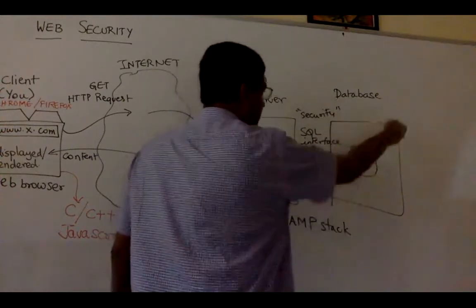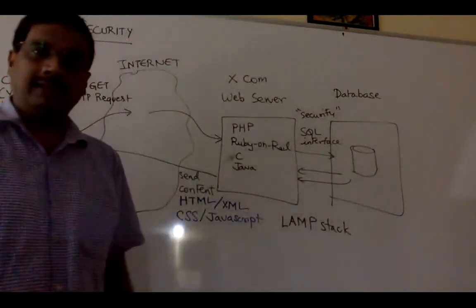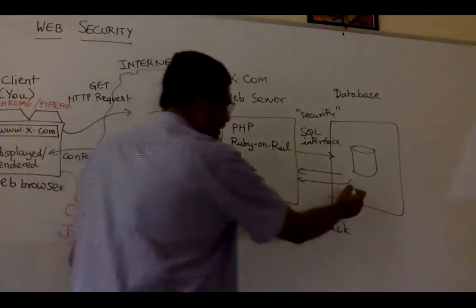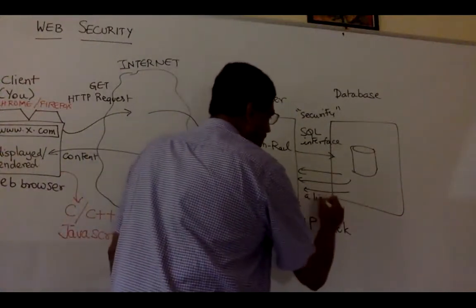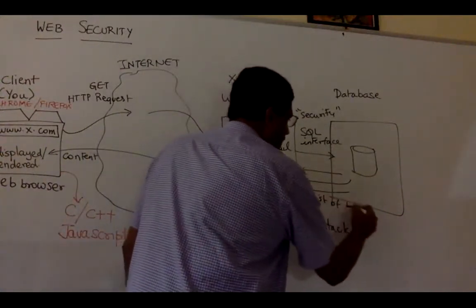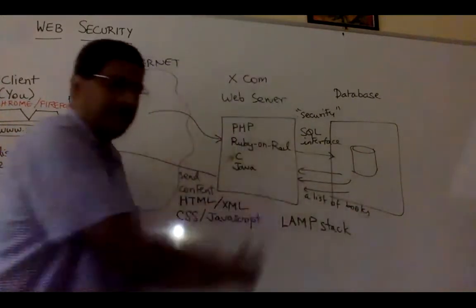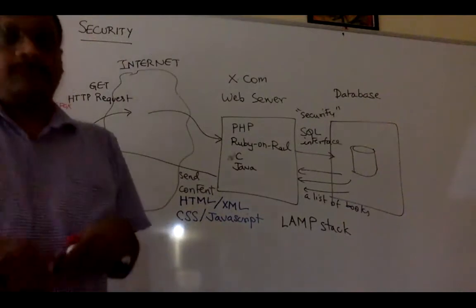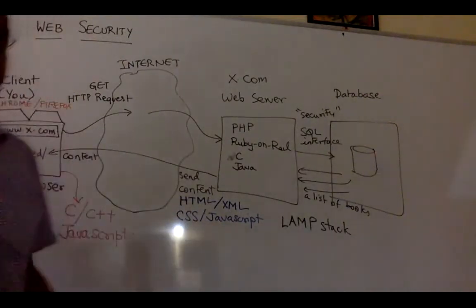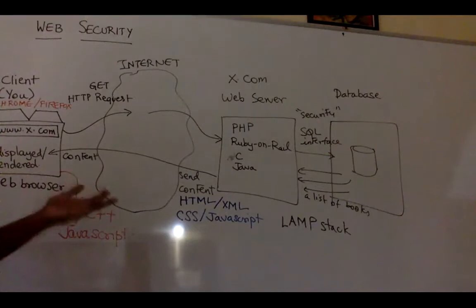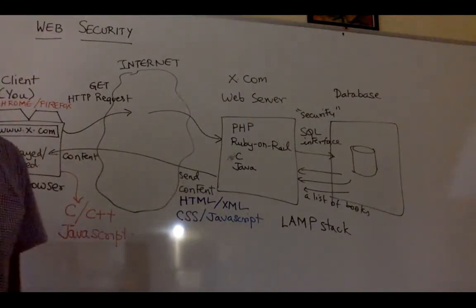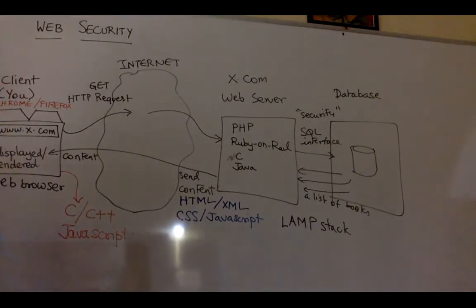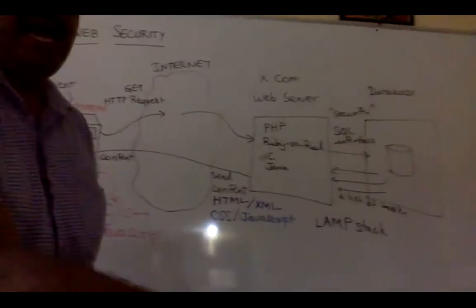And the database looks up all books with the keyword security, and it's going to return back a list of books, which this web application then takes and produces HTML code that's going to render this list of books in some format, which are then sent back to your web browser. Okay, so that is how the entire web ecosystem works.